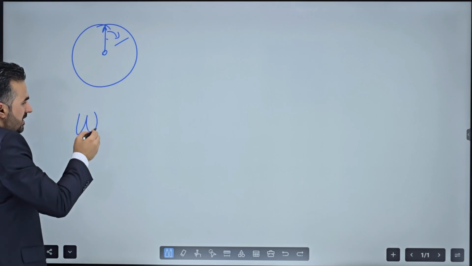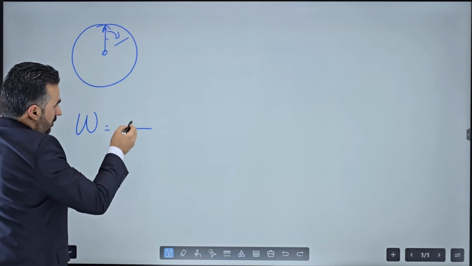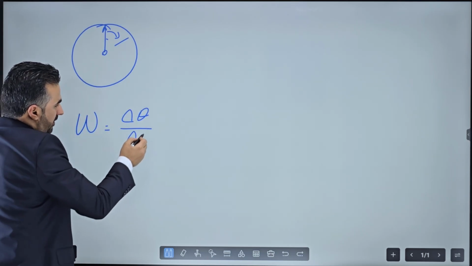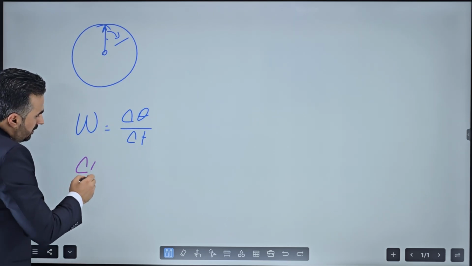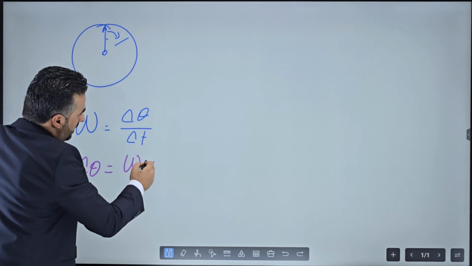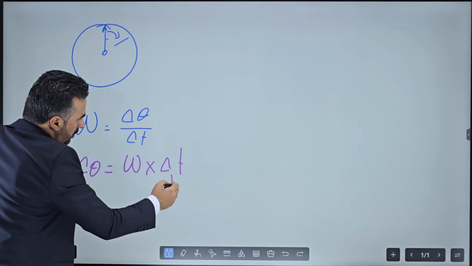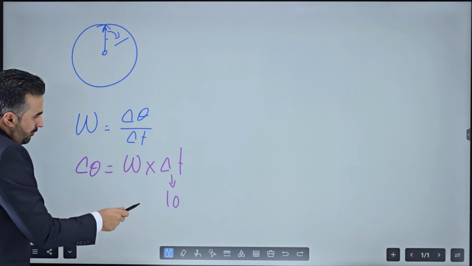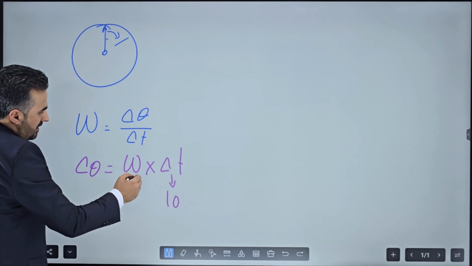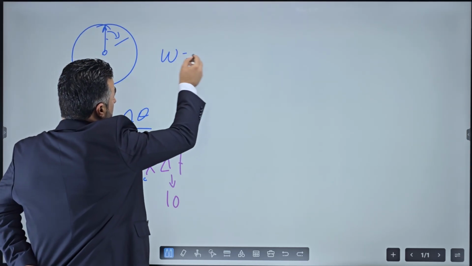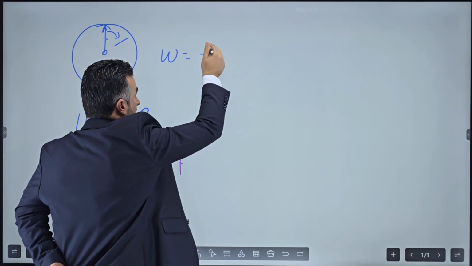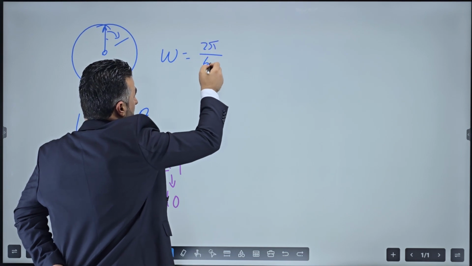We know that angular speed is equal to angular displacement divided by the delta time. So now it says, what is the angular displacement? So delta theta is equal to angular speed times delta t. And the time that we have is just 10 seconds. But do we have the angular speed for the second hand of a clock? The answer is no. Can we find it? Yes. The angular speed for the second hand is 1 rev over the time, so I'll just say 2 pi divided by 60.